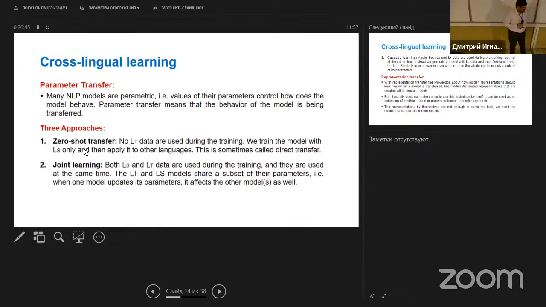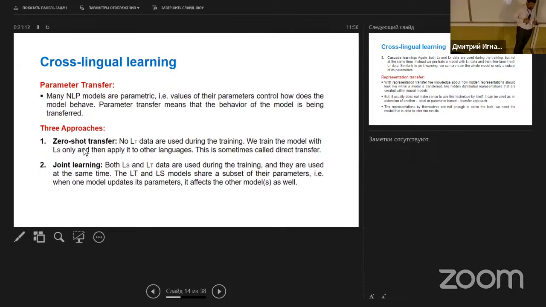Zero shot, as I already described, means there is no instance of the target language during the training time. So we train the model on the source language, and then we apply that trained model to the target language to predict the label of the instances. So it is also called a direct transfer.